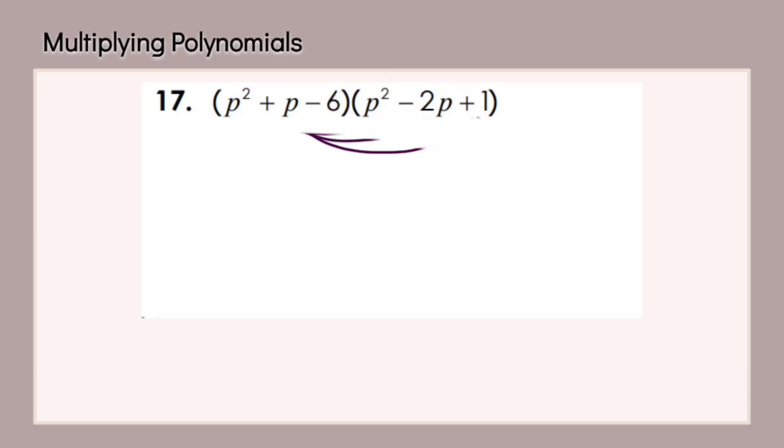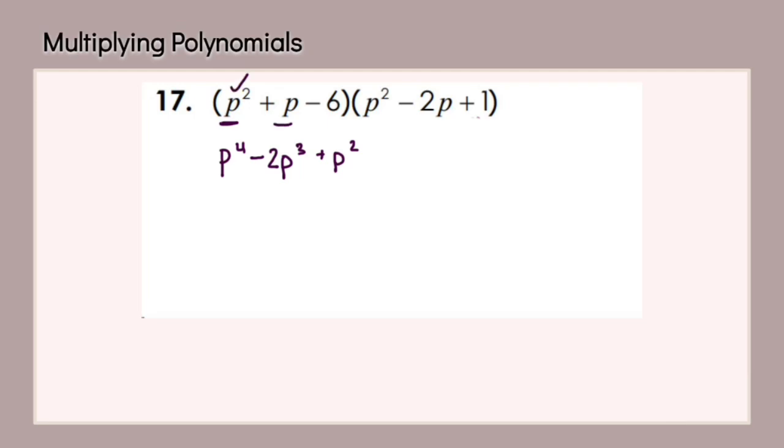So that is a lot, and it does get messy. It works out kind of nicely if we give each distribution its own line in our work. So p squared is what I'm going to distribute first. P squared times p squared is p to the 4th. P squared times negative 2p is negative 2p cubed. And p squared times 1 is positive p squared. So I distributed that one.